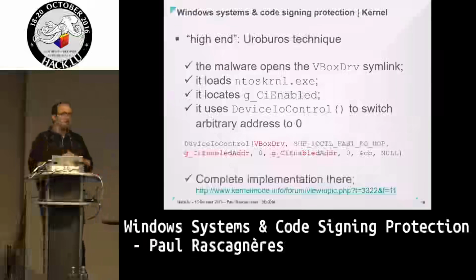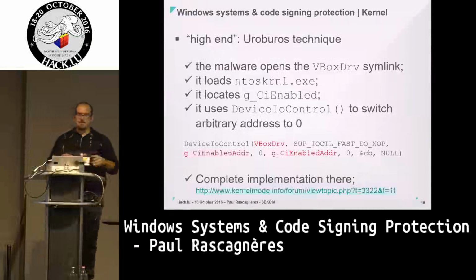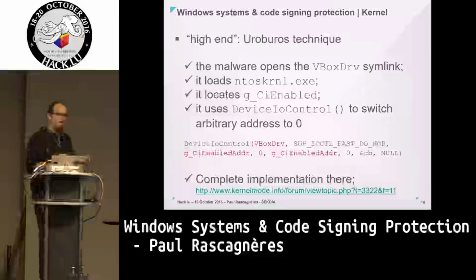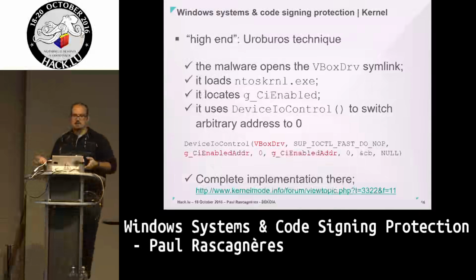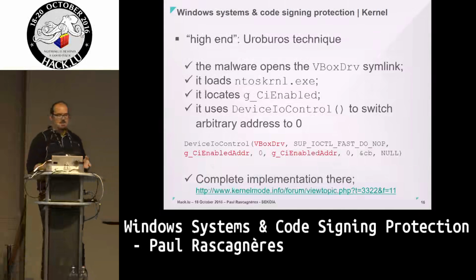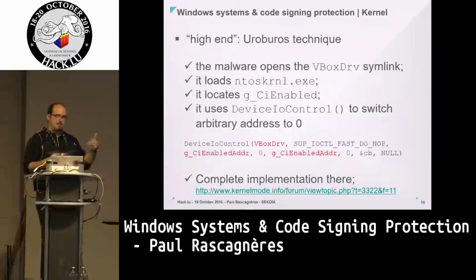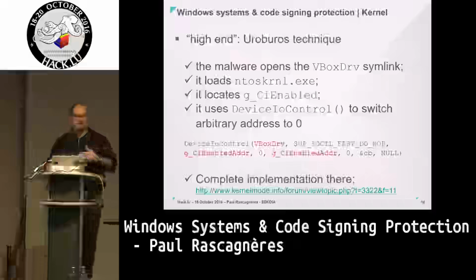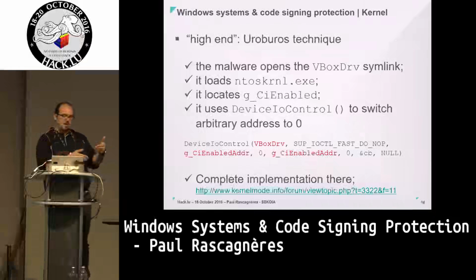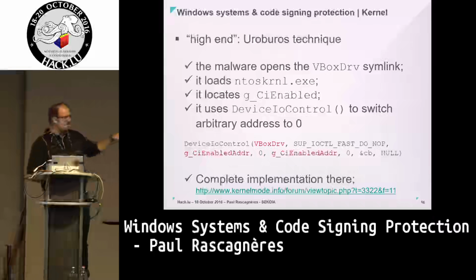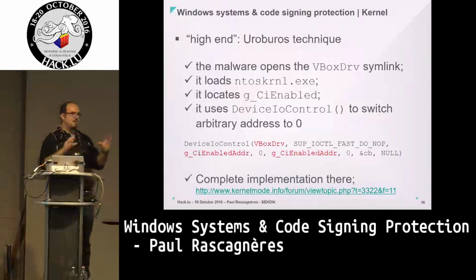So more in detail how it works. The VirtualBox driver creates a symbolic link called vbox_drv, and the bad guy will use this symbolic link to overwrite the global flag address. And you simply have the device I/O control, and it's all.